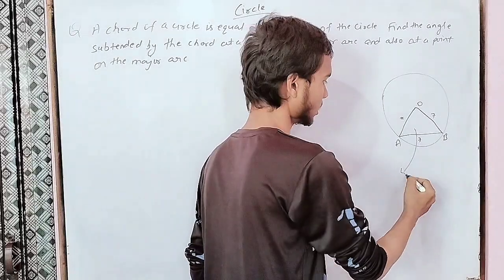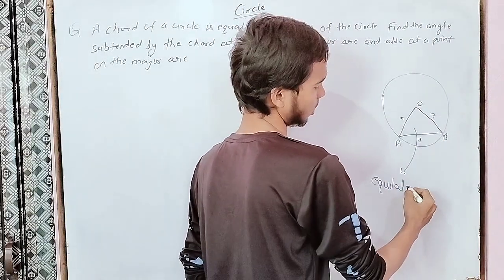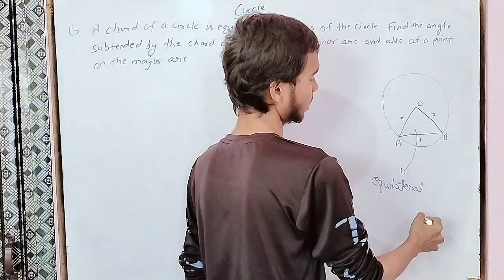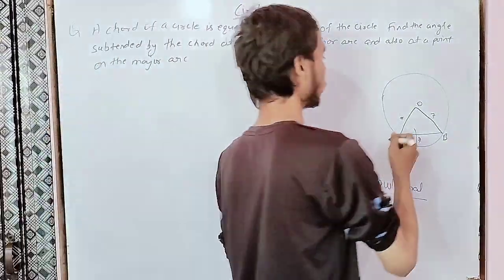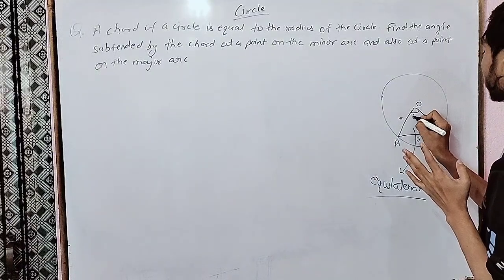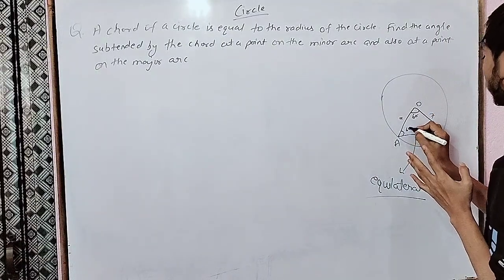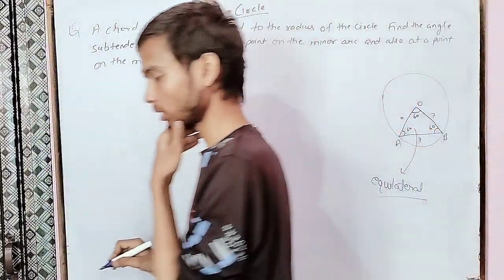So we can say that this is an equilateral triangle. When it comes to an equilateral triangle, we already know that all interior angles will be 60 degrees.